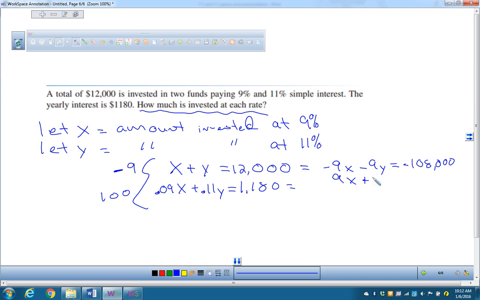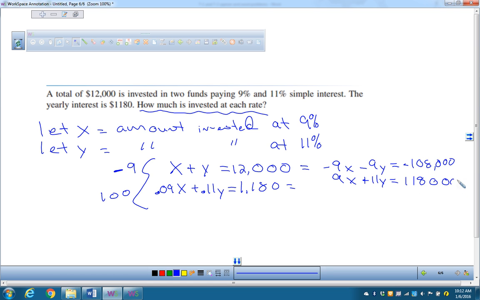Okay? And then when I multiply this through, what's nice about that, that turns into a plain 9x. This turns into a plain 11y. And this, I just move that comma over two places. 111,800, right? Is that right?